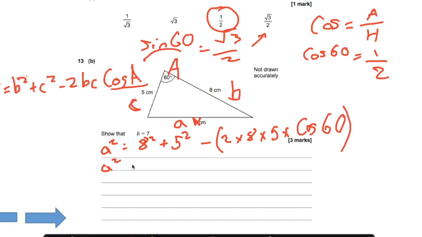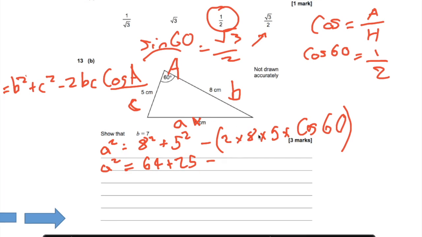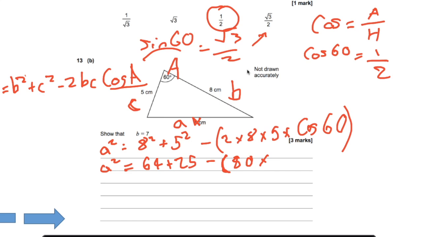So A squared, if we just smarten this up a little bit, simplify it, 64 plus 25 minus 2 times 8, which is 16, 16 times 5, which is going to be 80, and that's a bracket, multiplied by cos 60. But we know cos 60 is a half.